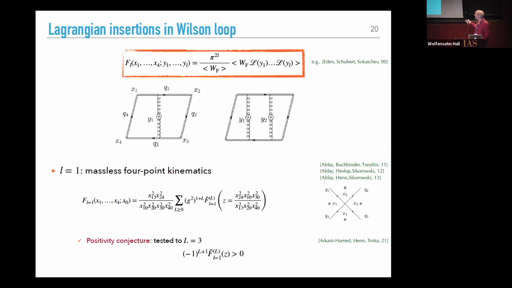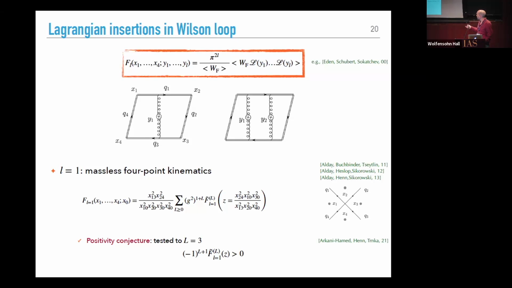Now, by themselves, they are divergent because you can have singularities at the cusp when you integrate over this. But you can define this ratio, which is better behaved. And this object has been studied extensively, in particular if you have a single Lagrangian insertion, both in the weak and strong coupling limit, and you can expand this function in powers of the coupling.